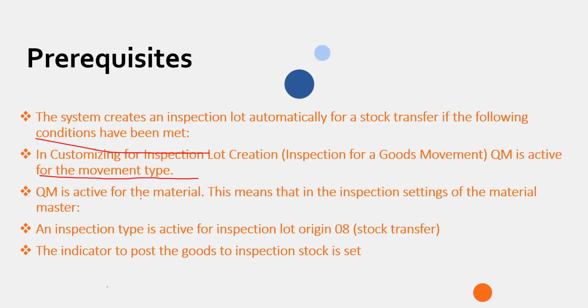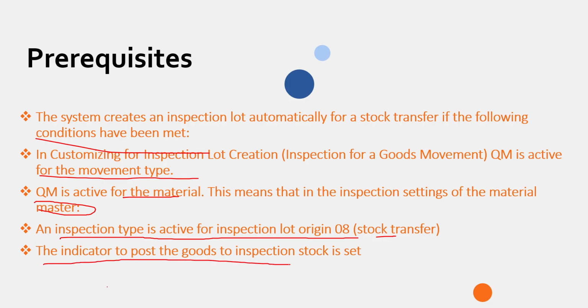QM must be active for that particular material, which means the inspection lot setting is in the material master. That is done for the inspection master where the inspection type 08 is activated. If you activate this inspection type 08, the stock transfer will happen from the quality side. The stock posting indicator needs to be set.